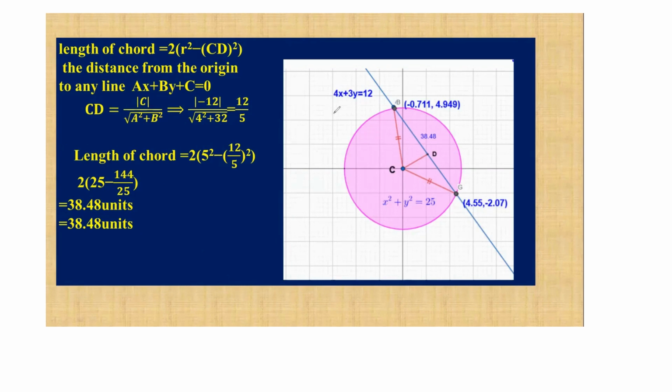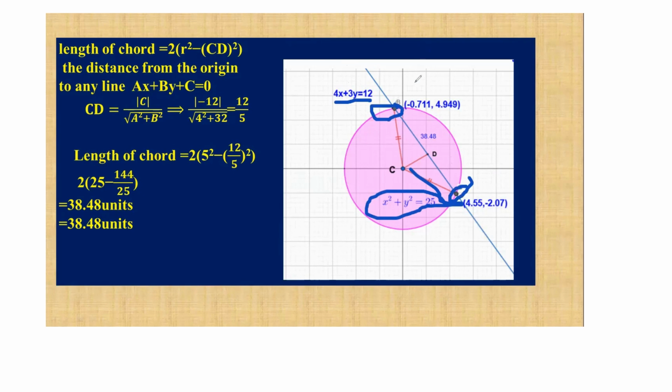This is the line 4x plus 3y equals 12, and this is the circle. So this line and this circle intersect at this point and at this point.